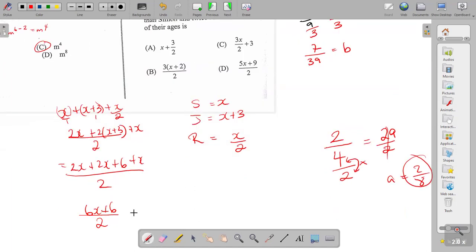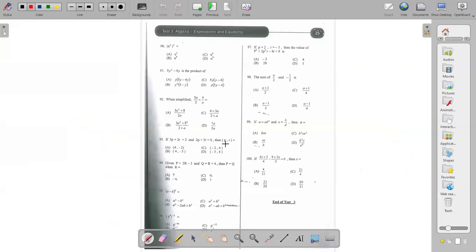So this would literally just become x plus 3. 3x plus 3. But it's not looking like it's anything here, so I'm not sure. So we can just skip this one because the question is incomplete.